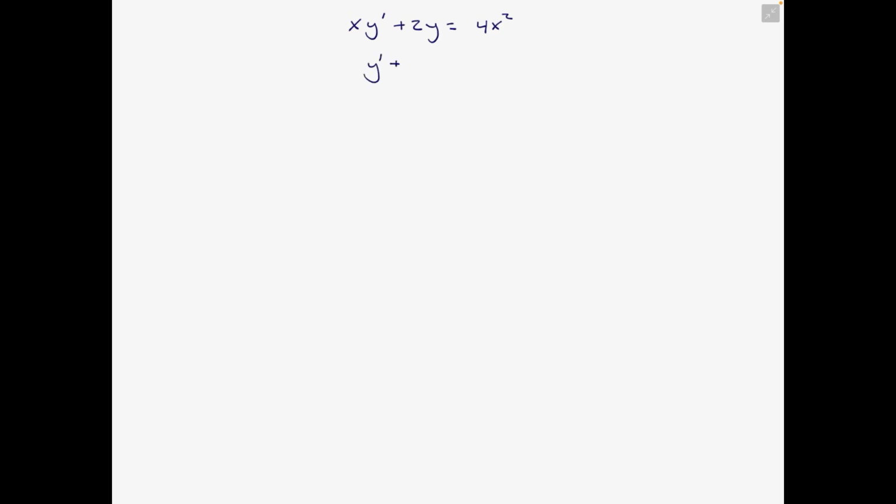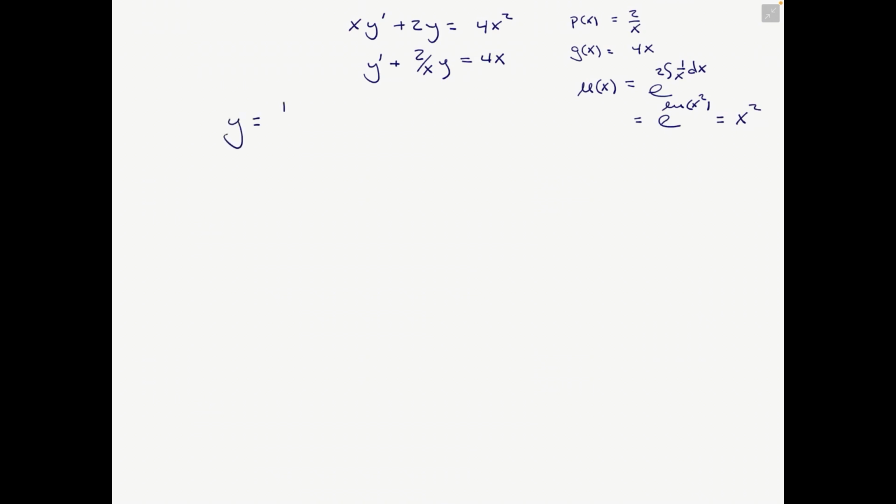So we have y' + (2/x) y = 4x. And so p(x) equals 2/x, g(x) equals 4x, and mu(x) is equal to e to the integral of 2/x dx, that's equal to e^(ln x^2), which is x^2.